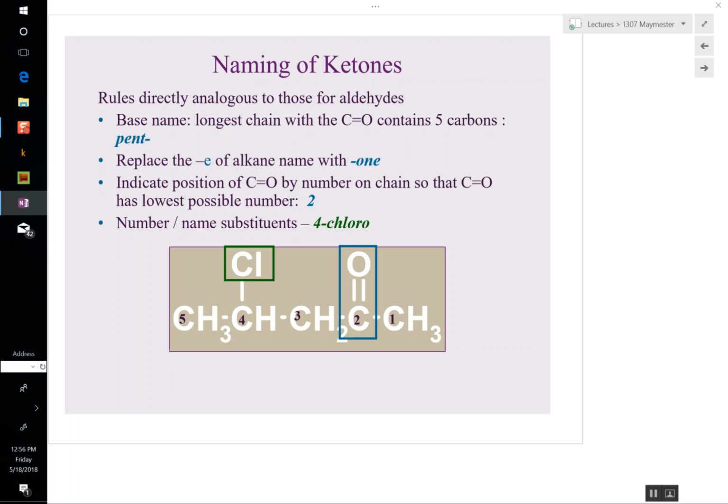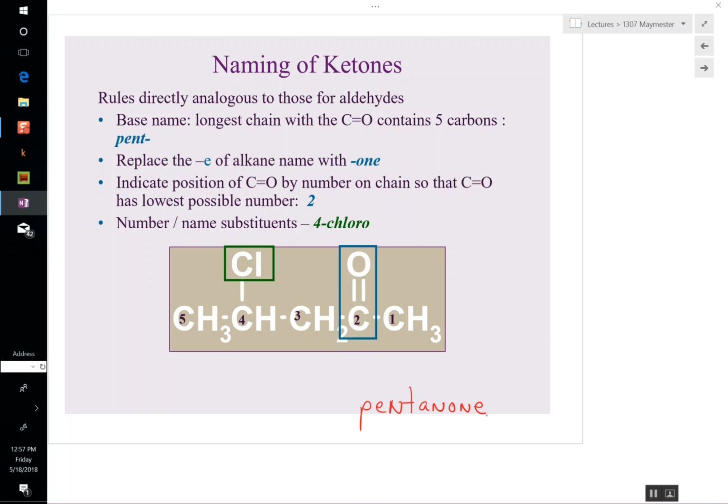Okay, here is 1, 2, 3, 4, 5. Yeah, no, this is not pentanal, this is pentanone. And we're going to start counting from the end that gets us to the carbon-oxygen double bond the quickest.